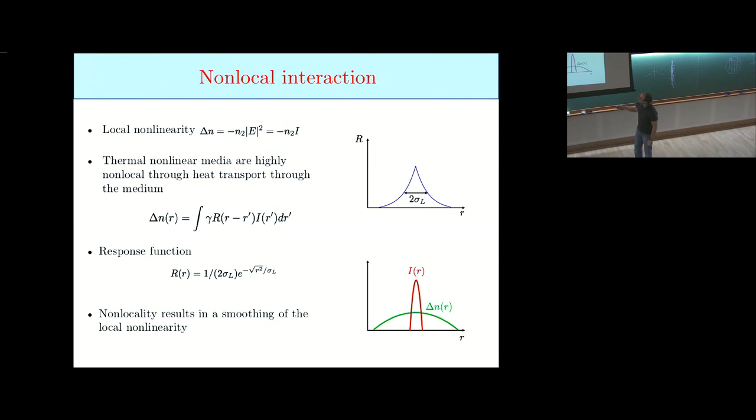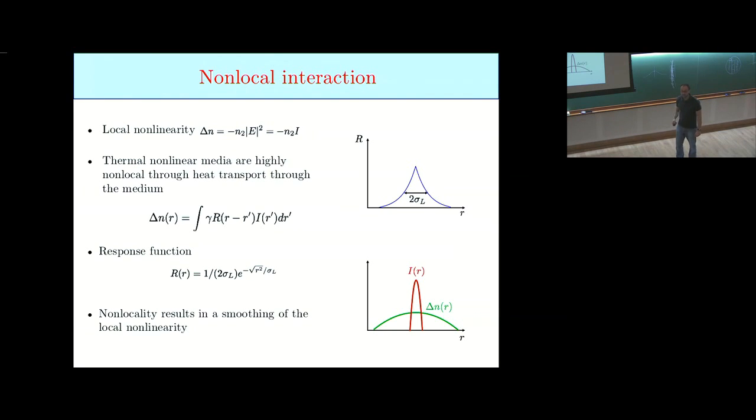Your delta n is no longer n2 times intensity, or power, but it's now a convolution integral. It's a convolution between your response function, which tells you, given a delta excitation, how heat spreads out in the material, and the intensity profile of your laser beam. So things become more complicated now.